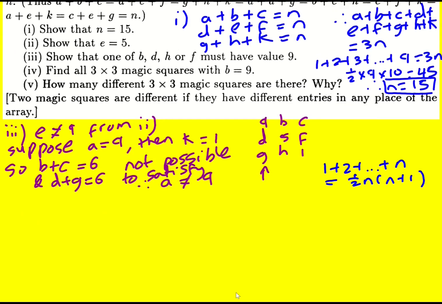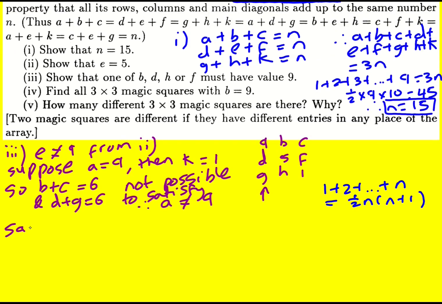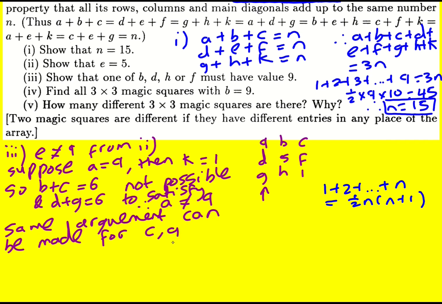And we can make the same argument for the other corner ones because there's nothing special about A. Same arguments can be made for C, G, and then K. Sometimes we say without loss of generality, WLOG, suppose A equals 9, then it follows that it's going to be true for C, G, and K as well, because they're also on the corner.